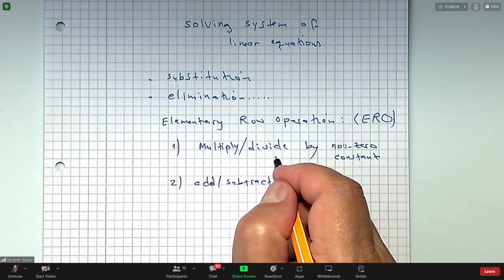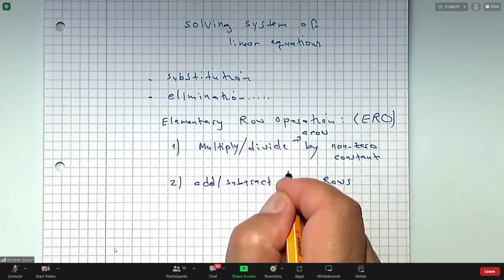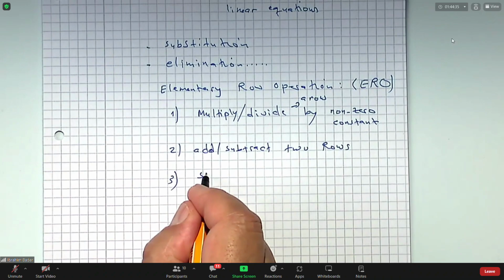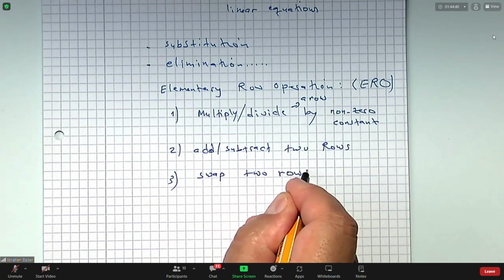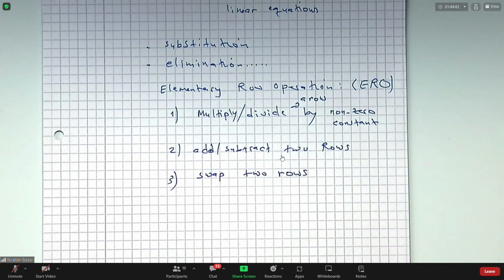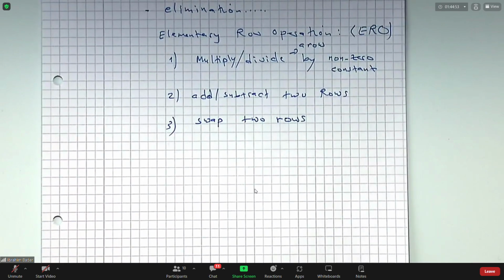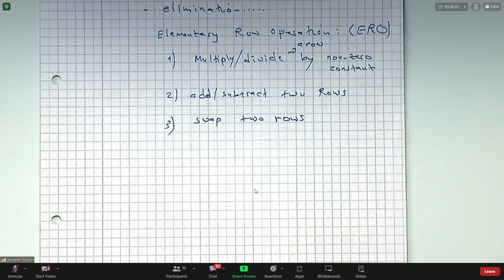This one, of course, you can add, multiply, or divide a row. So the first one applies to one row, the second one involves two rows, and the third one also involves two rows: you can just swap two rows, meaning you change the order of the rows. These are referred to as the elementary row operations, and we are going to use them in a systematic way to learn how to solve linear systems.